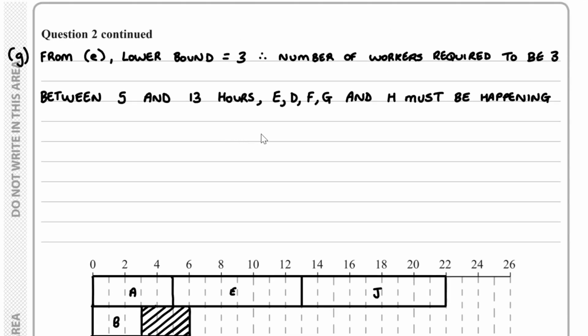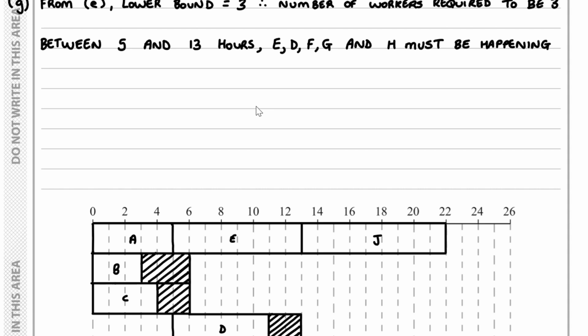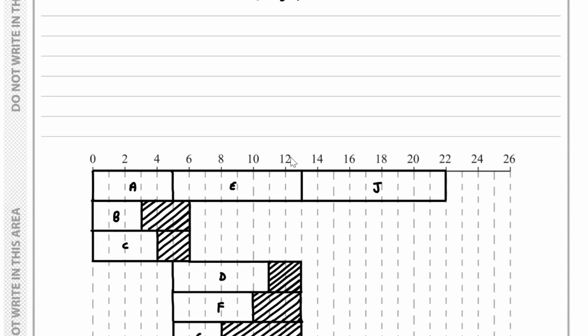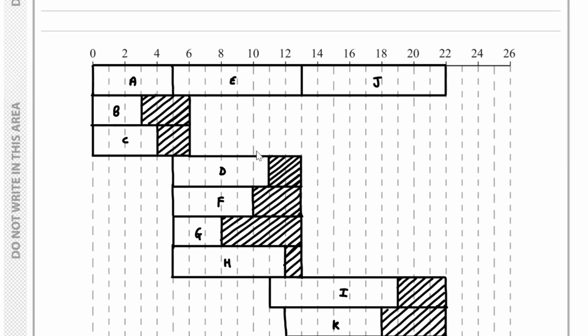And from this, we can actually find out the total time to complete these 5 activities, and from that we can find out the lower bound to complete these 5 activities.